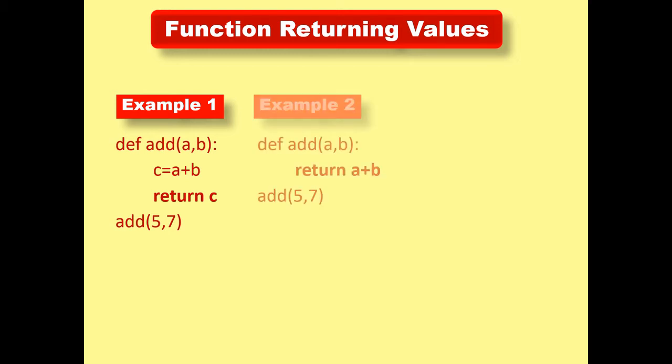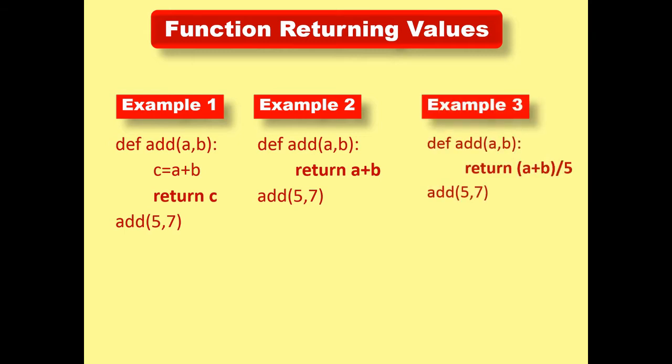My dear students, next example says, now in this example, this function again returns a value, but this time they return an expression. Expression means there is a symbol, there is an operator within two variables which are supposed to perform any kind of calculation, that is to be called an expression.